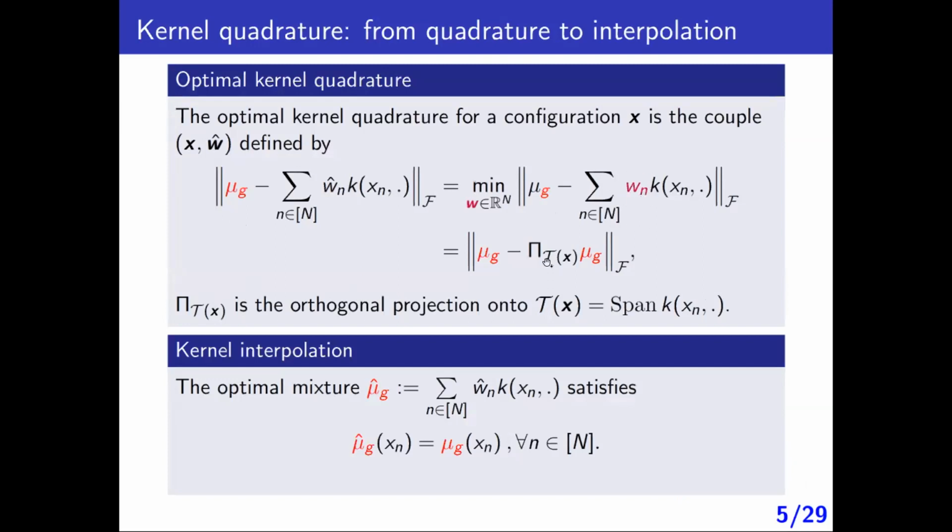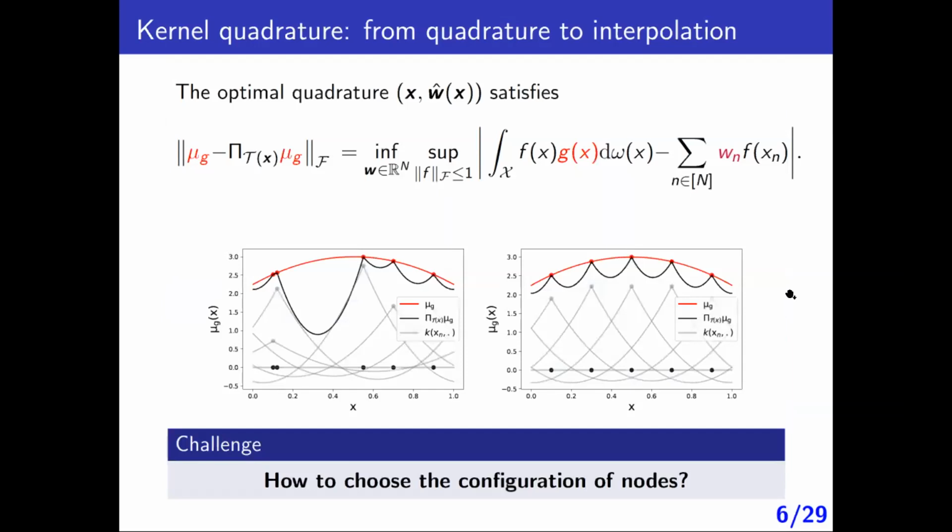So it corresponds to the optimal mixture that is the interpolant of mu g. And it is also the orthogonal projection onto the subspace of kernel translates. So the question we ask is, can we give a universal way to define a configuration for optimal kernel quadrature?